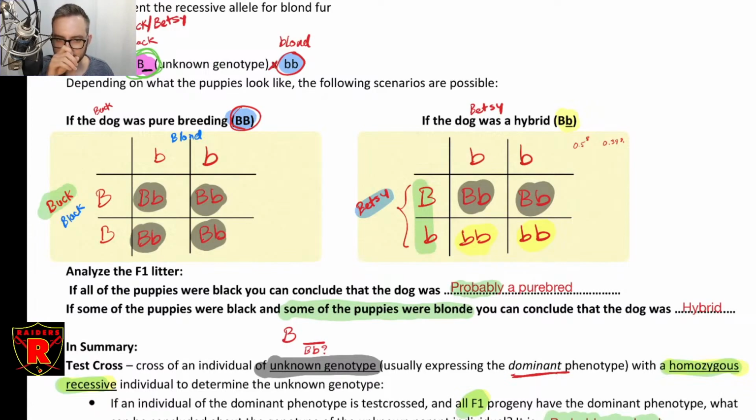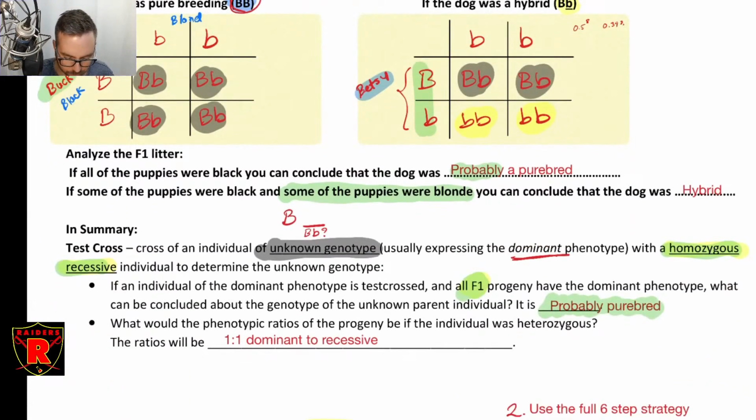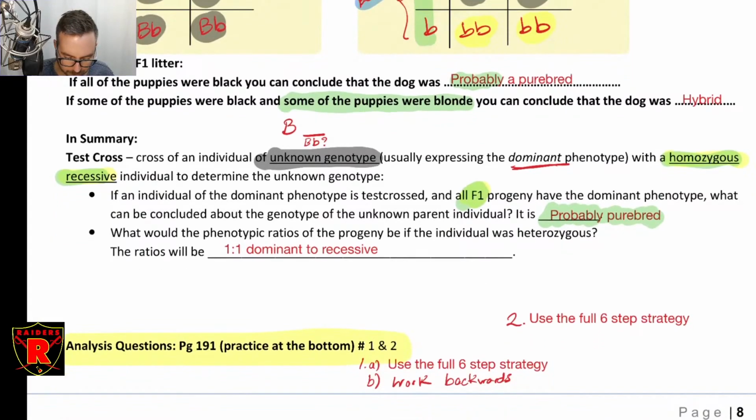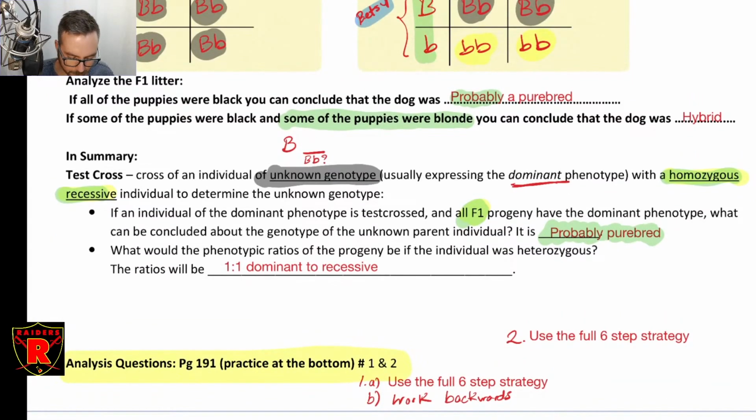Okay? So that strategy is called a test cross. Just to summarize here, you're going to cross an individual of an unknown genotype. Remember, that's what you're trying to figure out. You have an unknown dog or whatever animal showing the dominant phenotype. Then you're going to cross it with a homozygous recessive individual to figure out what the unknown is.